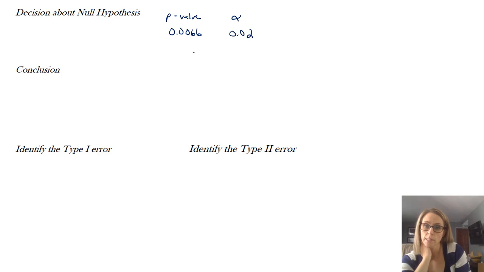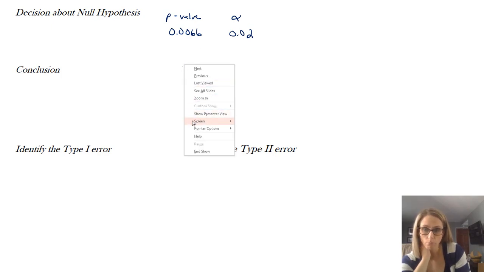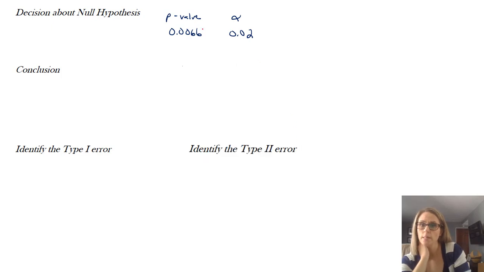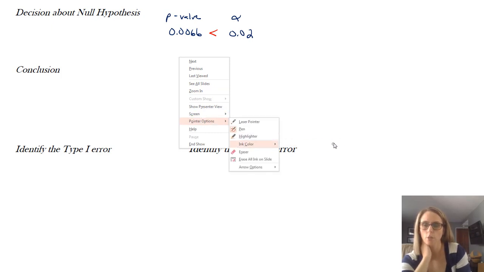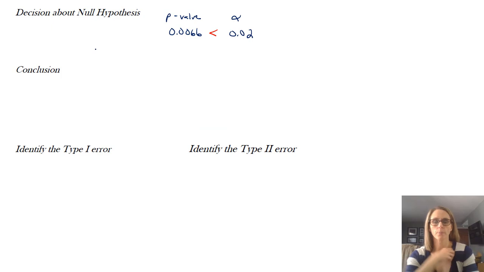Then your job is just to decide which one is bigger. So you do have to know enough about decimals to know which of those values is bigger. We can see that 0.02 is bigger than 0.0066. This is the kind of thing you'd want to write on quizzes and exams: you've got to show me which value is smaller.